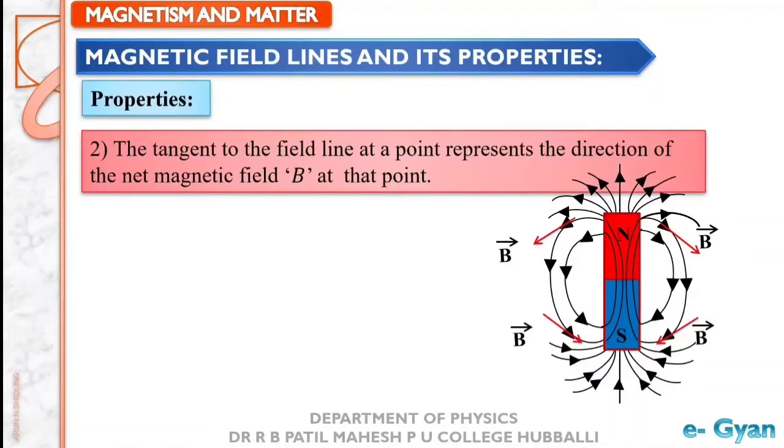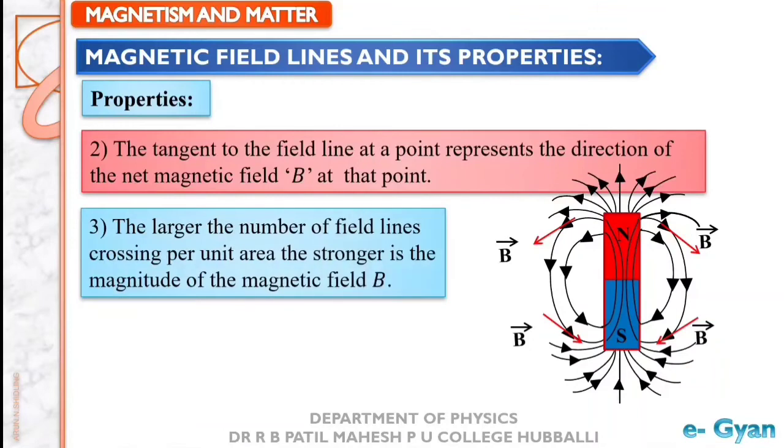The magnetic field lines are almost similar to the electric field line concept, except in the case of the first property, because magnetic field lines do not end or start from a particular point. They are continuous. Taking the next point, the larger the number of field lines crossing per unit area, the stronger is the magnitude of magnetic field in that region.